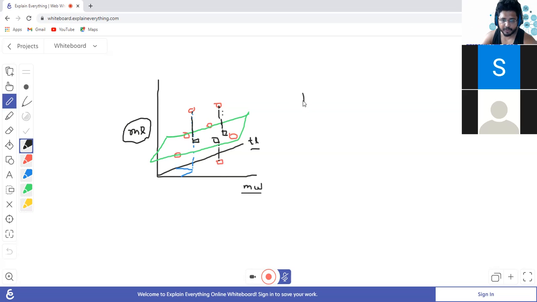So the R-square formula is the same as the R-square formula of the simple linear regression. So what was it? It was (SS mean minus SS fit) by SS mean.